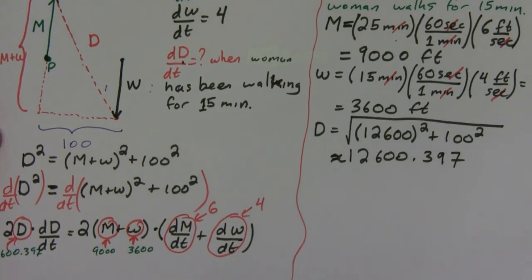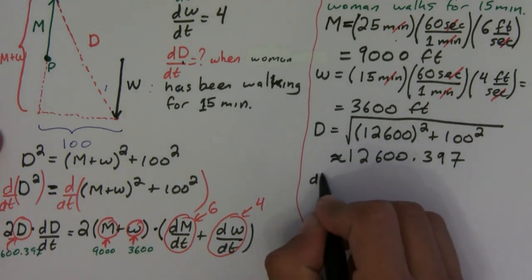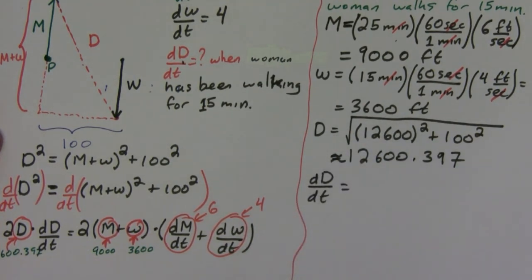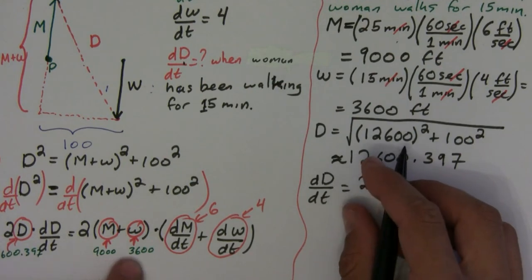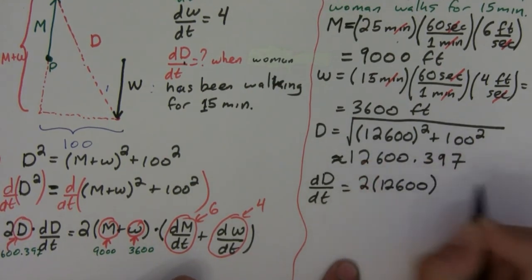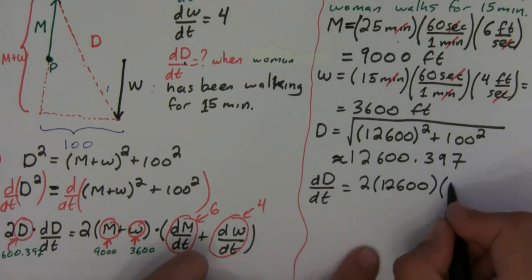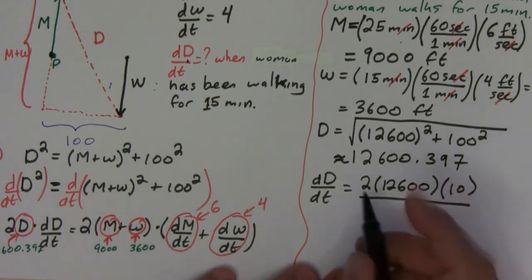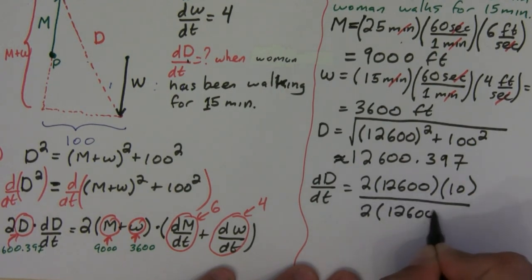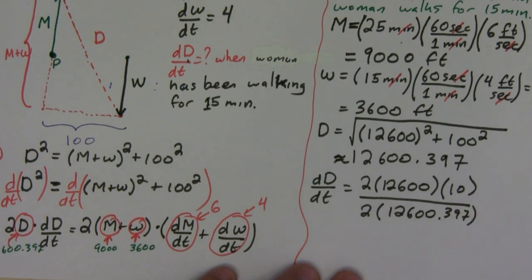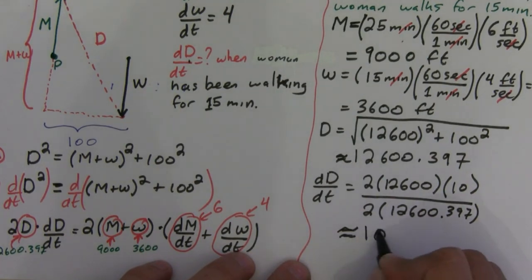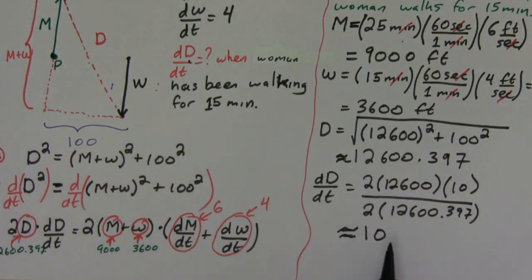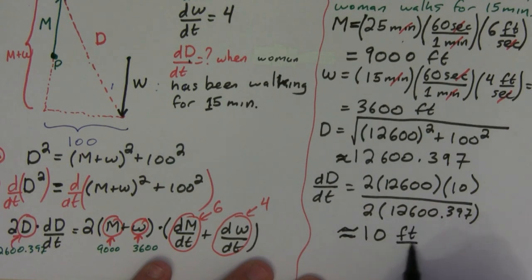And when we do all of that and solve for the derivative of D with respect to time, this is going to equal 2 times 9,000 plus 3,600, that's 12,600, times 6 plus 4, which is 10, divided by 2 times 12,600.397, and this is equal to approximately, very, very close to 10. And it's 10 feet per second.